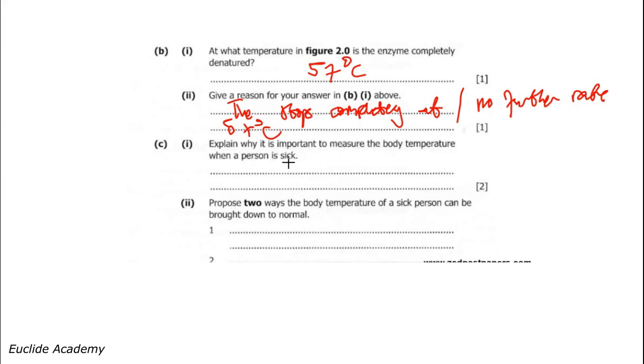Explain why it is important to measure the body temperature when a person is sick. On question C1, why should you measure the body temperature? There are certain treatments which would work best under certain body conditions or body temperatures. So you have to analyze which treatment will be best for the condition that the body is in, or that body temperature.